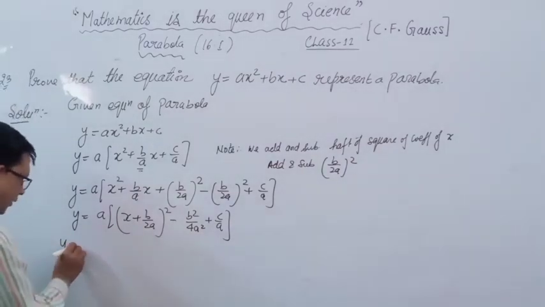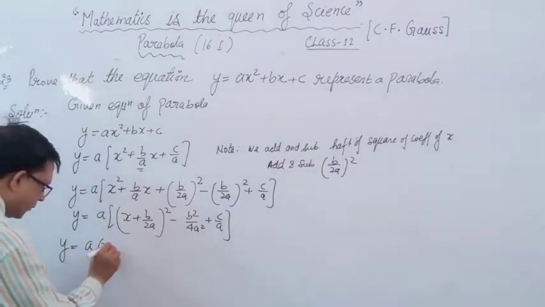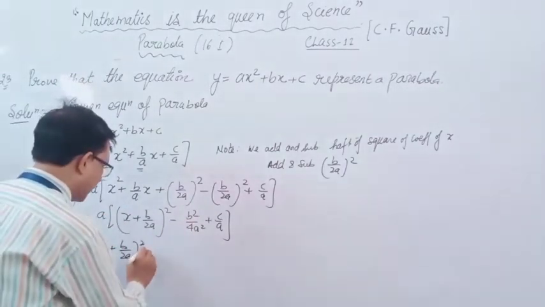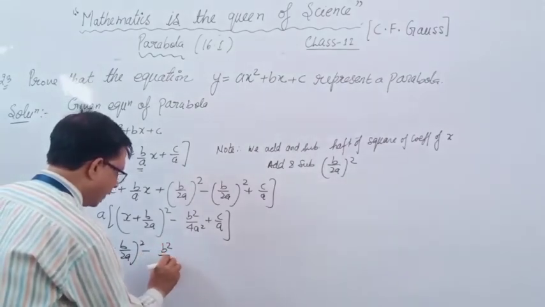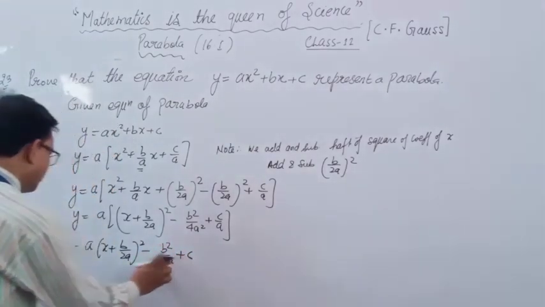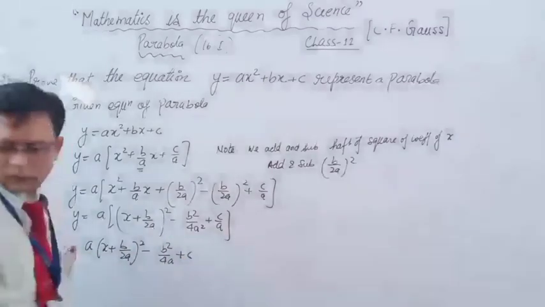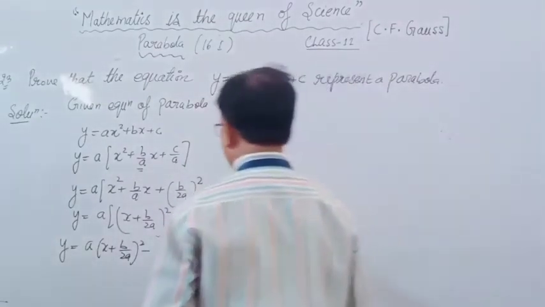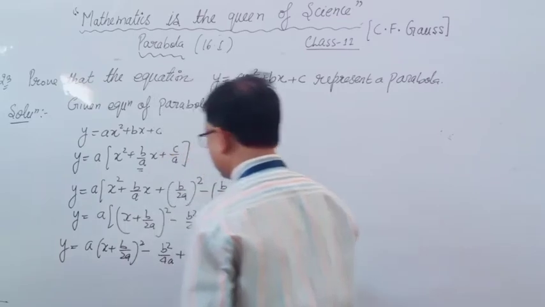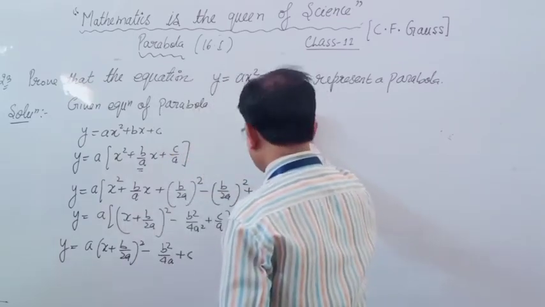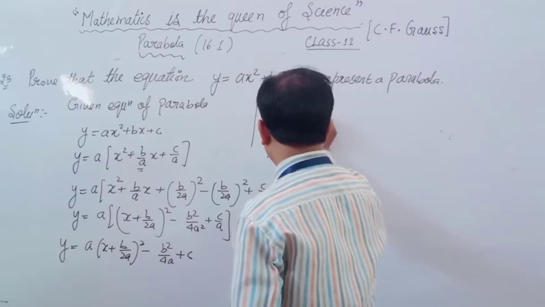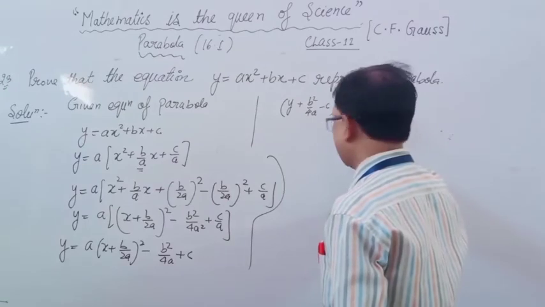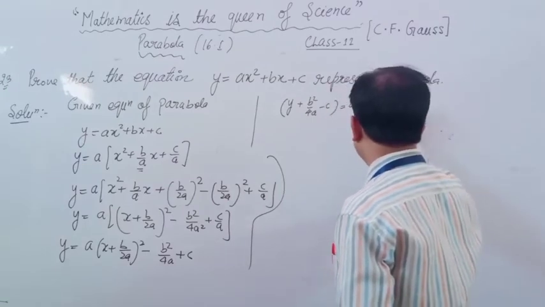So we get y is equal to a times x plus b upon 2a whole square, minus b square upon 4a plus c. We move this to the other side. So our next step: y plus b square upon 4a minus c is equal to a times x plus b upon 2a whole square.